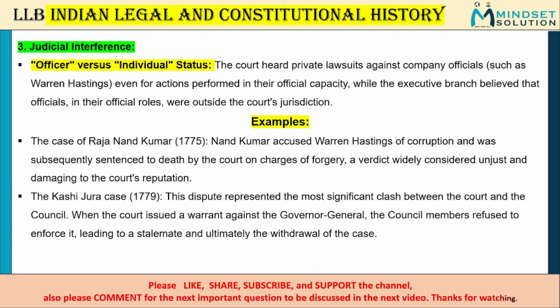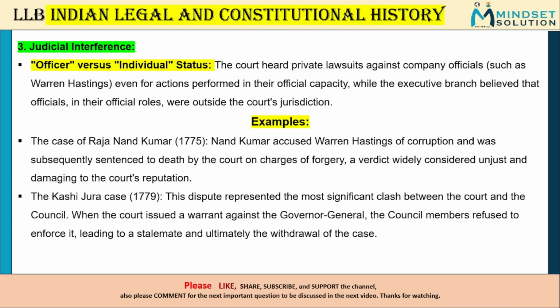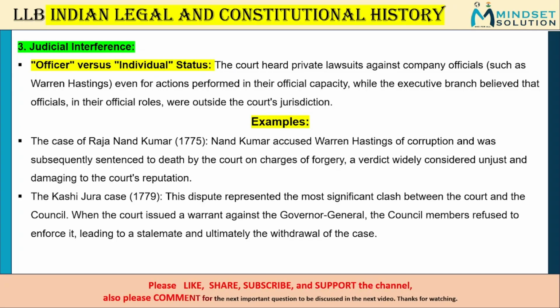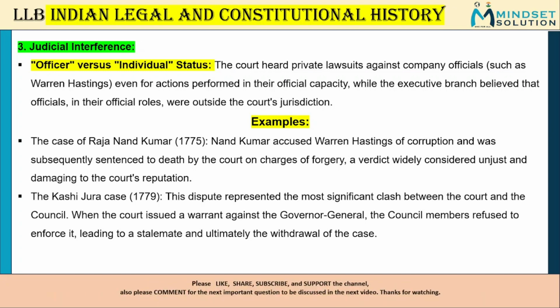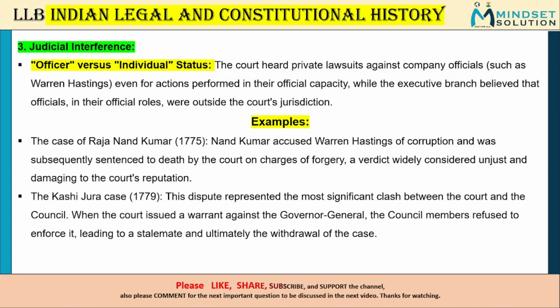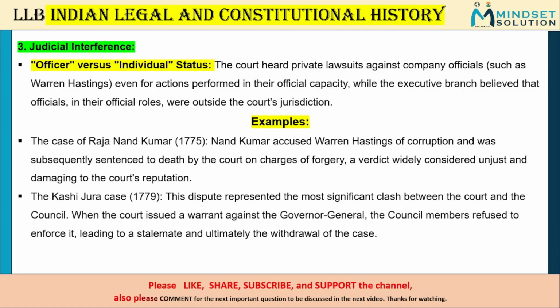For example, if we see the case of Raja Nand Kumar, 1775, Nand Kumar accused Warren Hastings of corruption and was subsequently sentenced to death by the court on charges of forgery, a verdict widely considered unjust and damaging to the court's reputation.